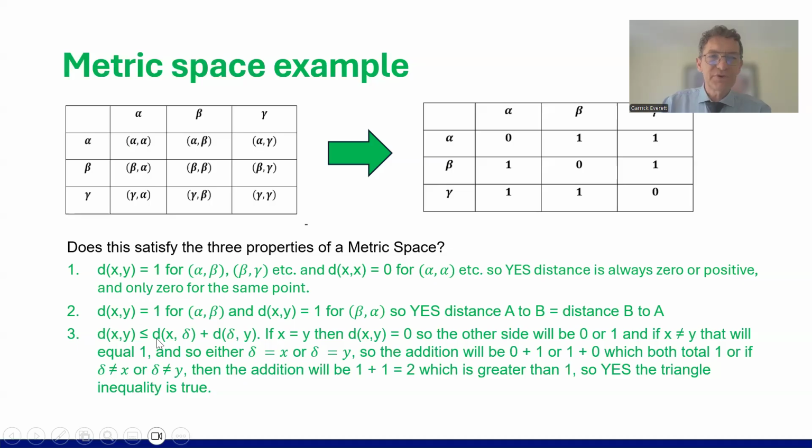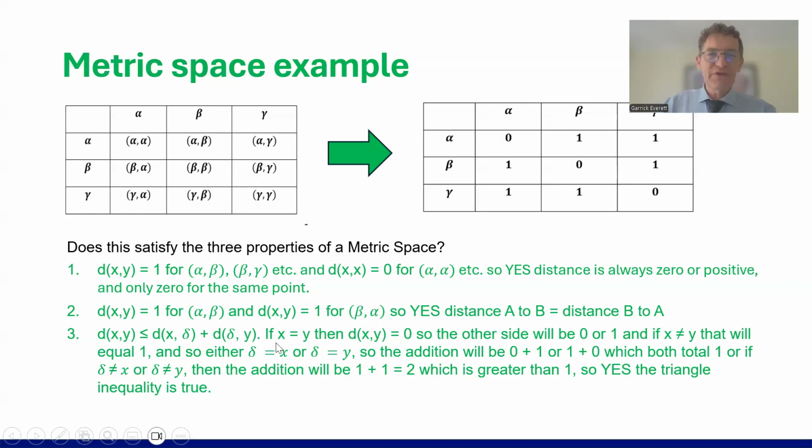Not D, because we're already using D for distance. So distance x to y is less than or equal to the distance from x to delta. Oh, it should be delta, isn't it? Losing my Greek, forgetting my Greek terms. So distance from x to delta plus the distance from delta to y. It must be less than or equal to that.